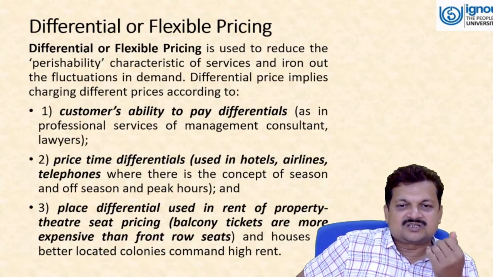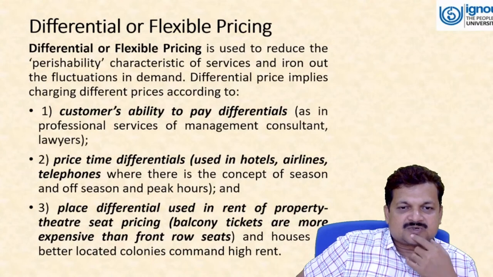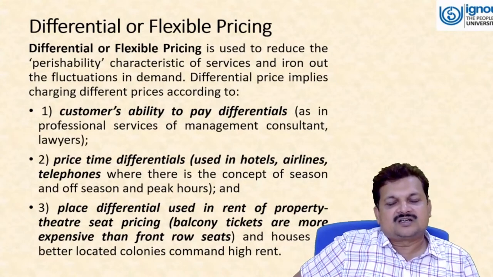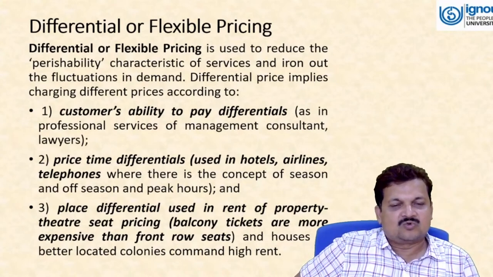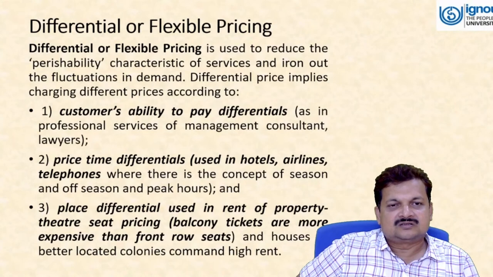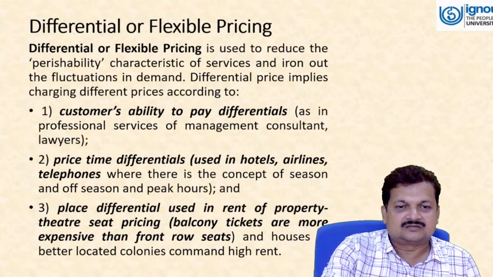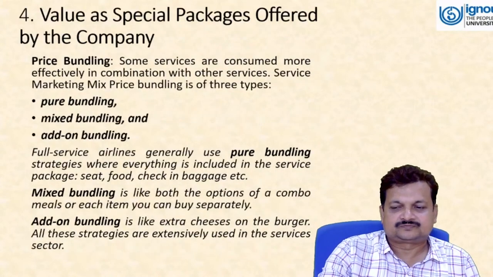Place differential is used in the rent of property and theatre seat pricing; balcony tickets are more expensive than front rows. So here you maintain the differential on the basis of the tickets you have booked in the movie hall. Front-row tickets are definitely lower than the last ones, that means the backside seats.